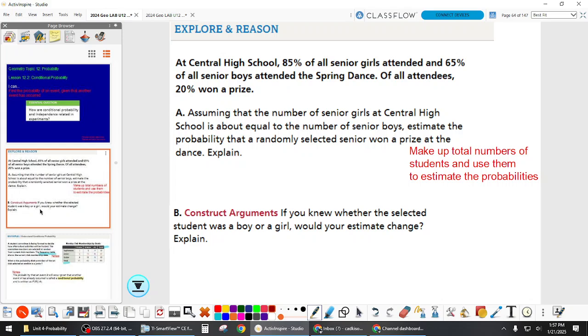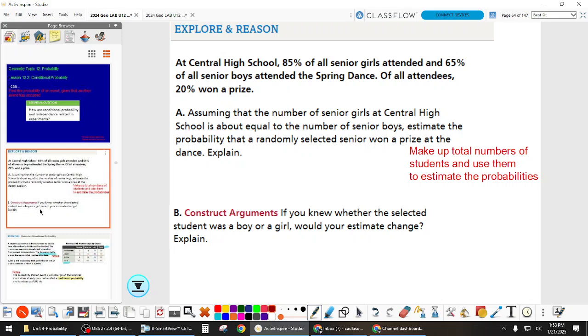Okay. So let's read a question that this will sound like when we get into it. Assuming that the number of senior girls at Central High School is about equal to boys, estimate the probability that a randomly selected senior, so pick someone at random, won a prize at the dance. Do you hear kind of some increase in the complexity a little bit of this?